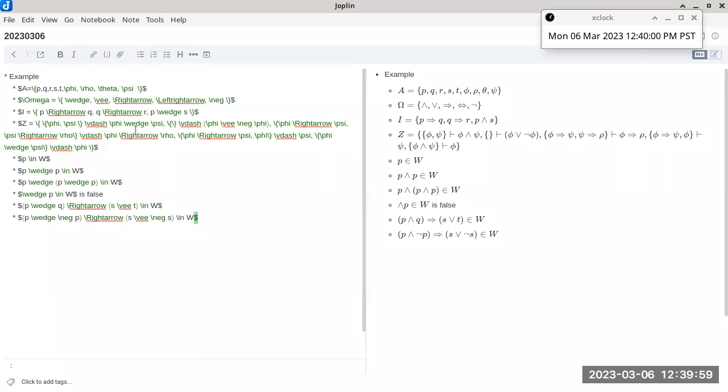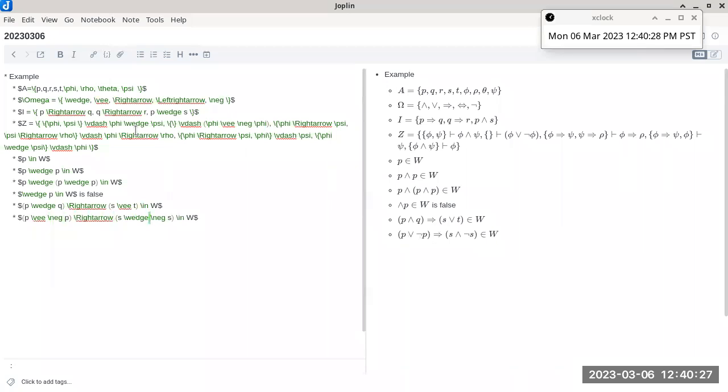P and not P is guaranteed to be false because at least one side has to be false. So the conjunction has to be, oh, okay, I need to reverse it because we want a case where the implication itself is guaranteed false. So we'll say this is the or, and then this is the and. Okay, that's better. In this case, the left-hand side is well-formed, but it's guaranteed true.